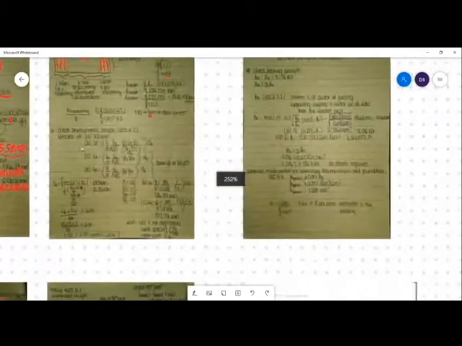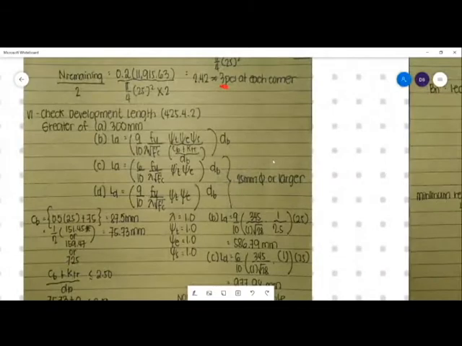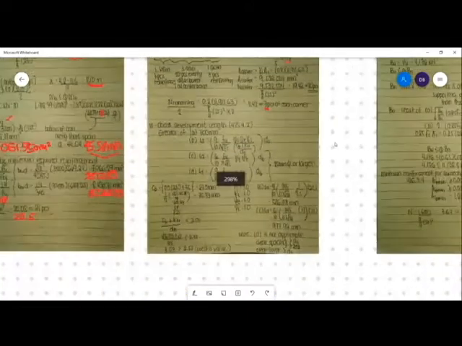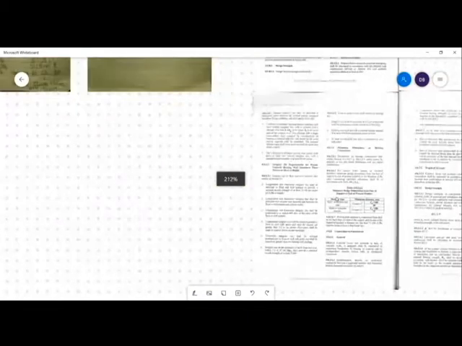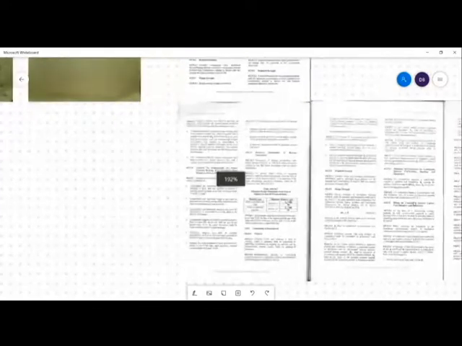So here is our development length, from section 425.4.2. Before we determine the provided development length of our reinforcement, let's check first what the minimum development length should be, from section 425.4.2.